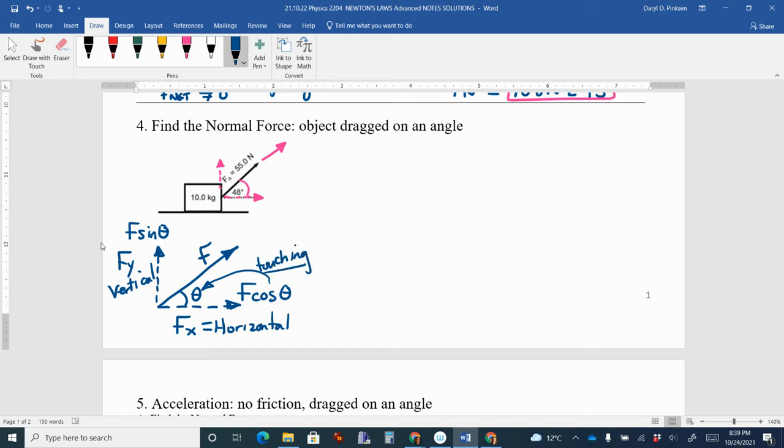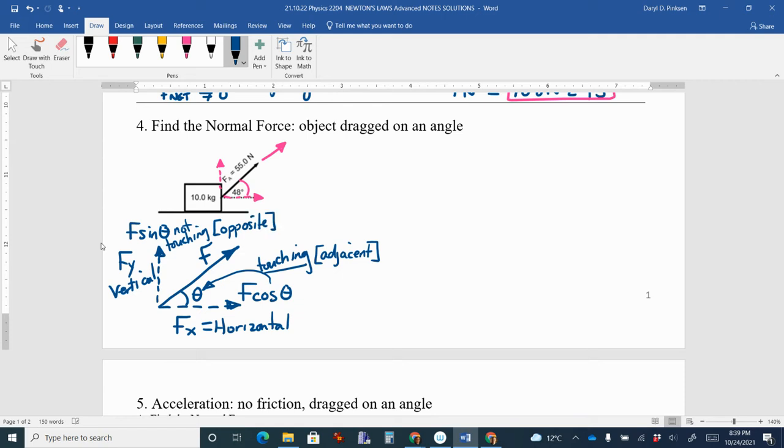It's not necessarily horizontal or vertical. It's touching. And this one here is not touching. So the one that's touching, and, by the way, touching is another word for adjacent, right next to. And not touching is another word for opposite.